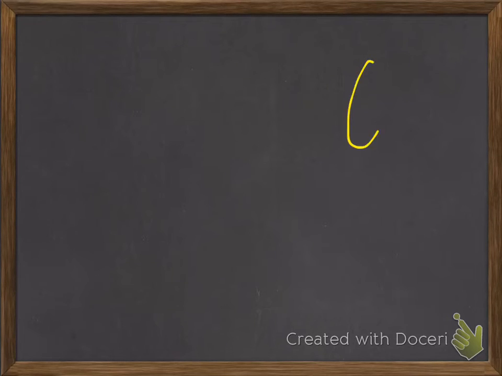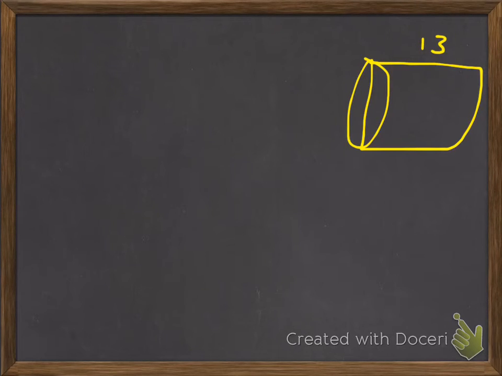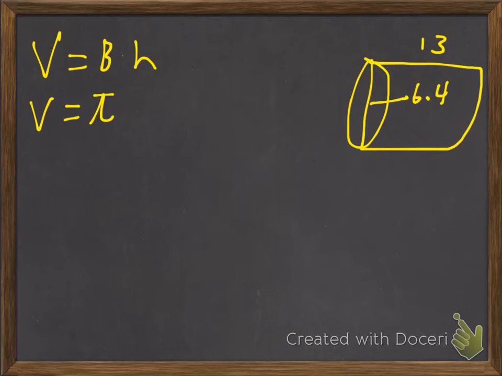Let's say we have this one right here. Volume is equal to the area of the base times the height. The area of the base is just pi r squared.